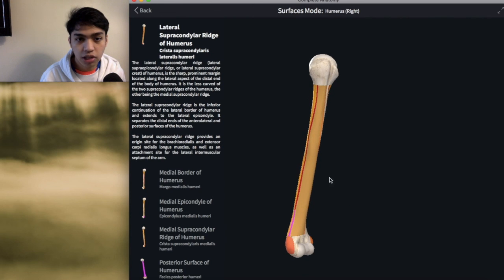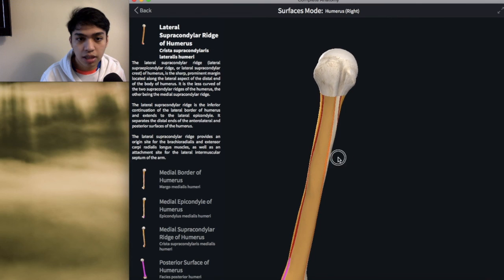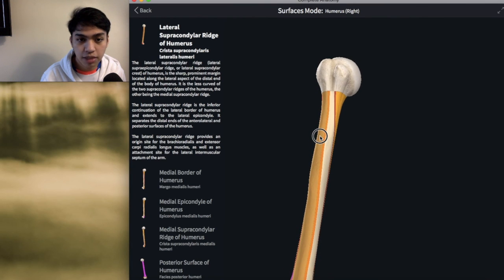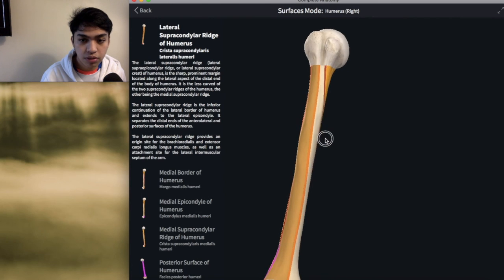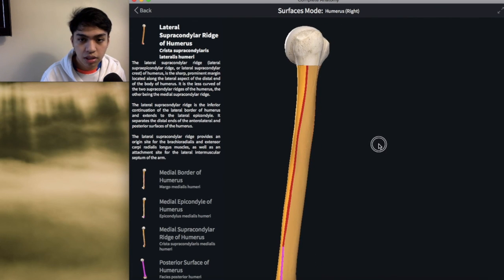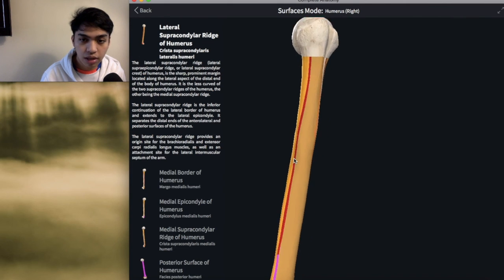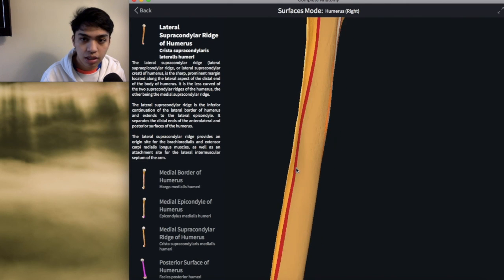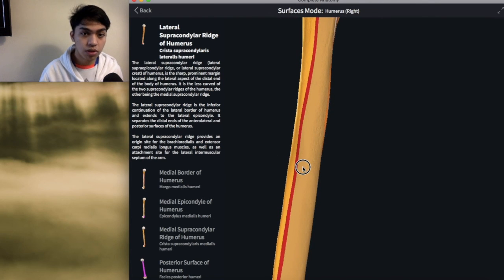It is a ridge, a sharp prominent margin in the lateral aspect of the distal end of the body of the humerus. So this is the one highlighted in red. Yung walang highlight, ibig sabihin, that is the medial supracondylar ridge.